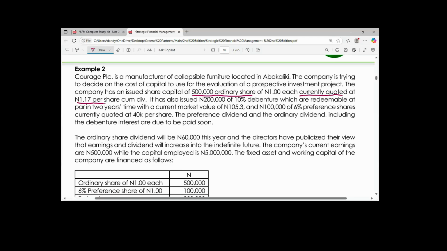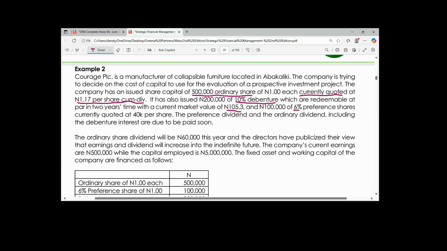Okay. It has also issued 200,000 naira of 10% debenture, which are redeemable at par in 2 years' time, with a current market value of 105 naira 3 kobo, and 100,000 naira of 6% preference share, currently quoted at 40 kobo per share.